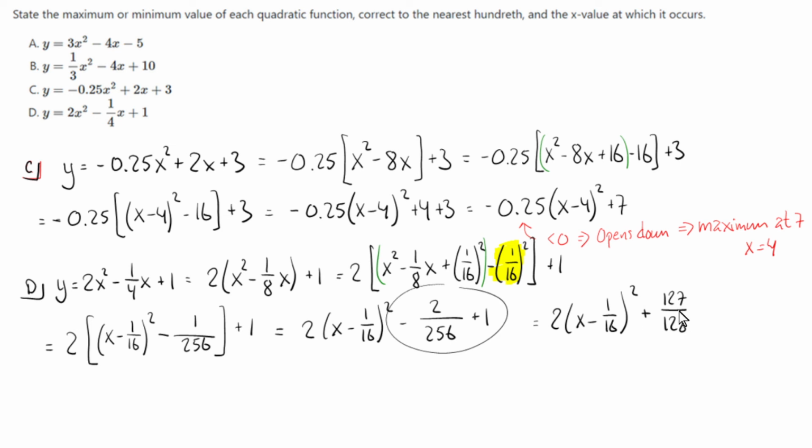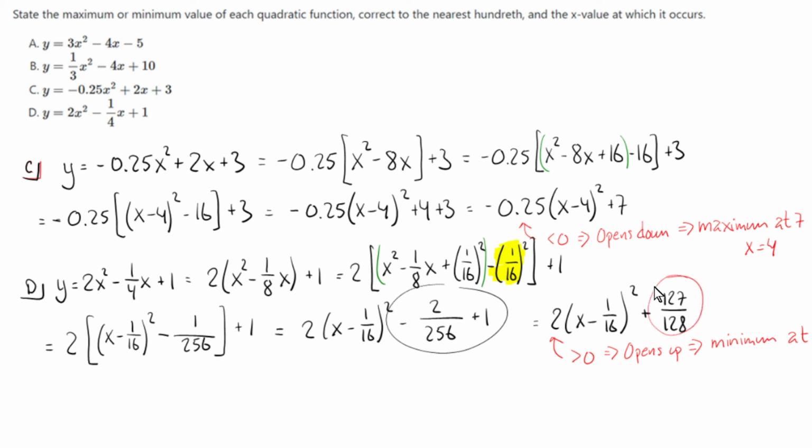In this case here, because this coefficient here is greater than 0, it means it opens up, and that means there is a minimum at, so the y coordinate, that's this coefficient here.